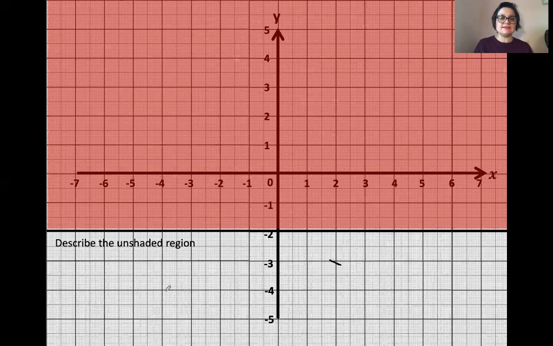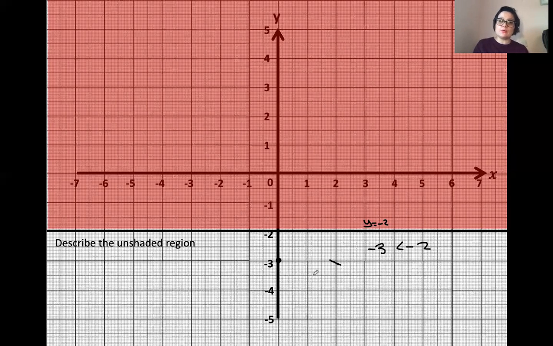Describe the unshaded region. Now here we are dealing with a solid line. The equation of this solid line is y equals -2. Now we need to describe the unshaded region, so all of this region here below y equals -2. If you take a point, and I'd like to take this point here, -3, -3 is smaller than -2.